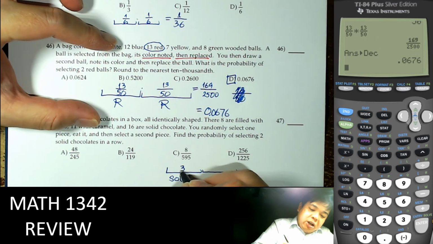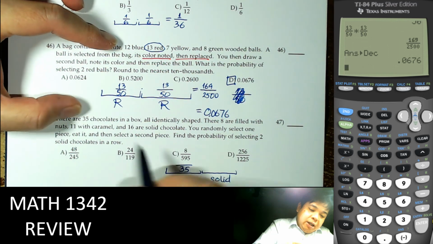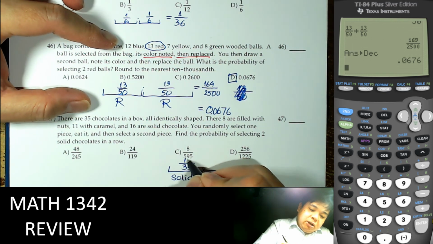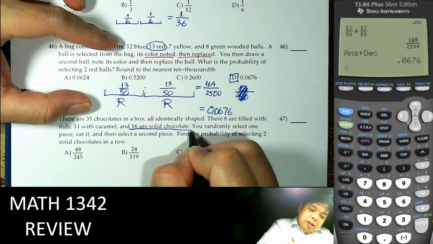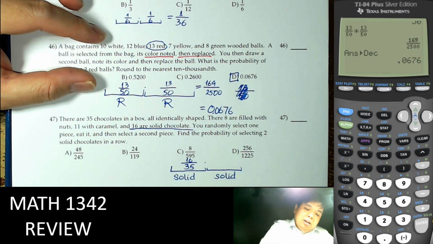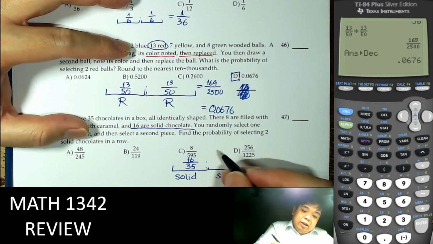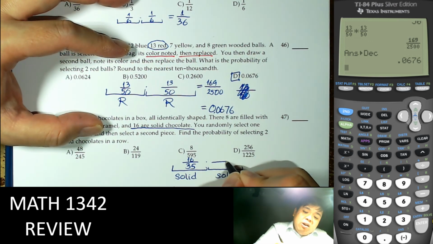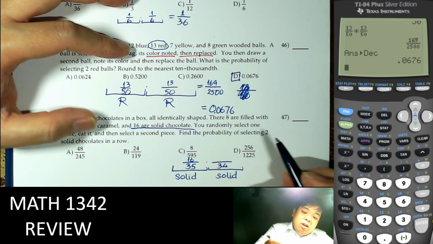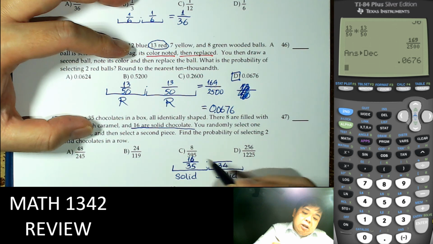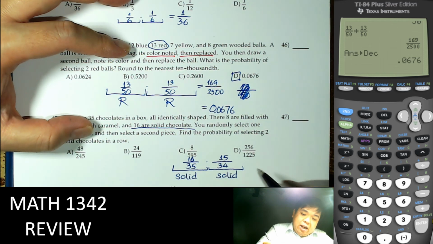Originally there are 35, and there are 16 solid in the box. But we ate the first one, so now only 34 are left. And if the first one we ate is solid, there are only 15 left that are solid.